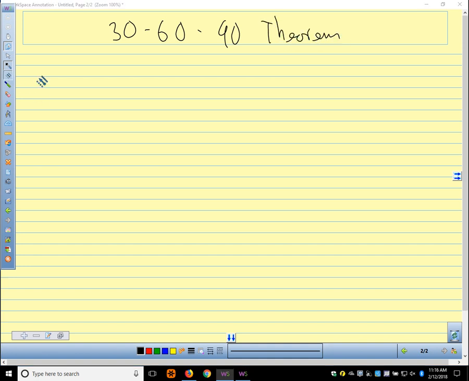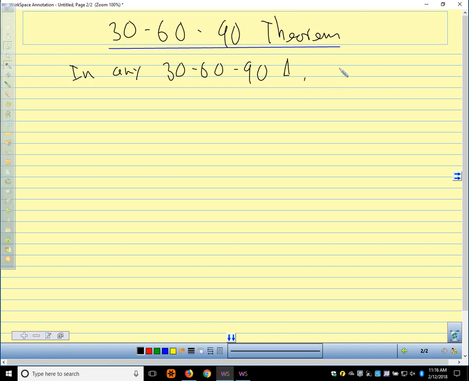The 30, 60, 90 theorem. We're going to say in any 30, 60, 90 triangle, and our short side for this, the short side is the key. So I'm going to put that in parentheses here. Short side is key.